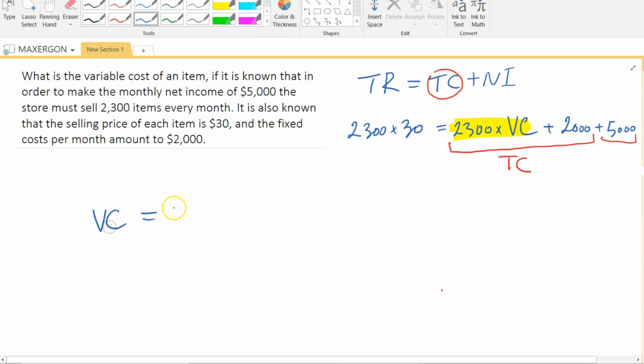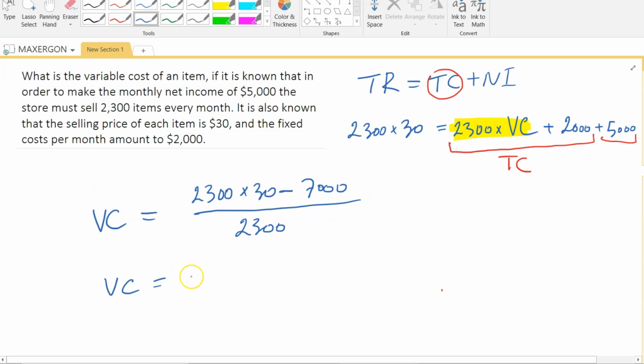So variable cost is 2,300 times 30 minus 7,000, so 2,000 plus 5,000 is 7,000, divided by 2,300. Thus, variable cost is equal to $26.96. This solves the problem.